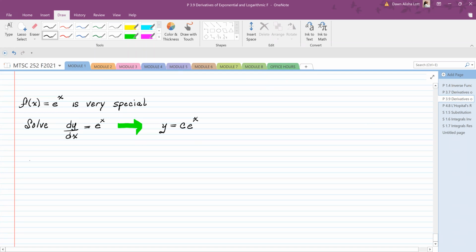Say y is equal to e to the x. I want to use logarithmic differentiation to find its derivative.